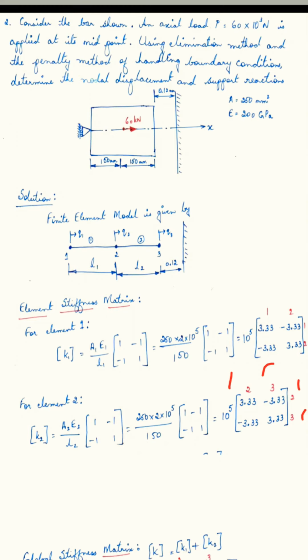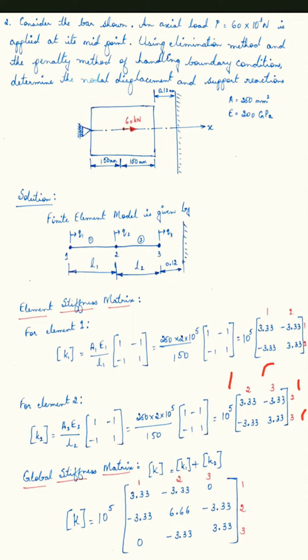So global stiffness matrix is given by K equals K1 plus K2. Taking 10 to the power of 5 to be the common term, we'll add the elements that are present inside K1 and K2. At first column, first row, the element present is 3.33, which we will write.